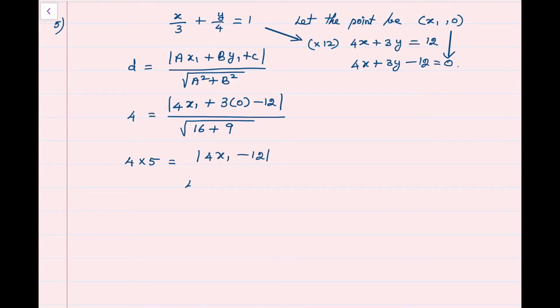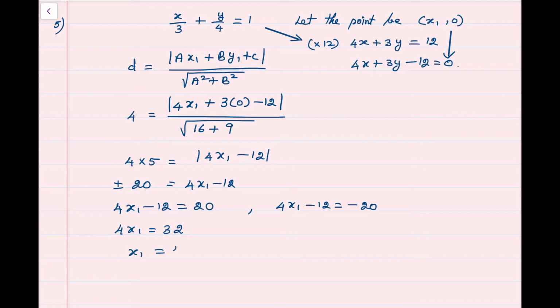To remove the absolute value sign, we have to write plus or minus on any one side of the equation. Now we have two equations to solve. 4x1 minus 12 is equal to plus 20 and 4x1 minus 12 is equal to minus 20. 4x1 is 32. Therefore, x1 is 8.